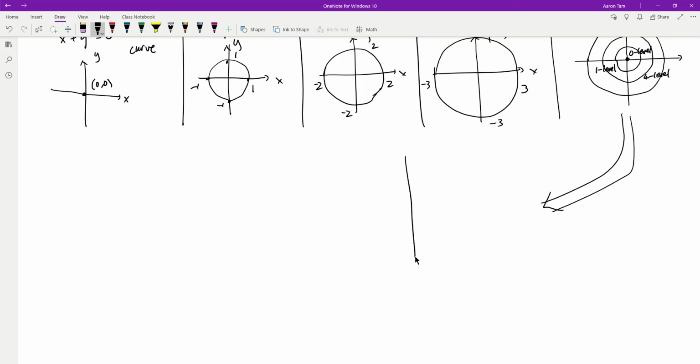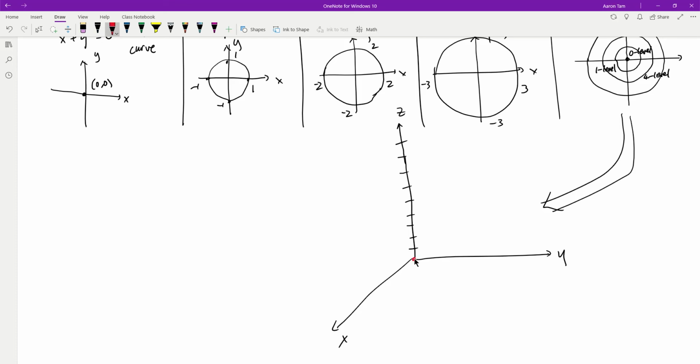Okay, it looks something like this. Here's Y, here's X, here's Z. Let's say 0, 1, 2, 3, 4, 5, 6, 7, 8, 9. So that would account for 9 different level sets.